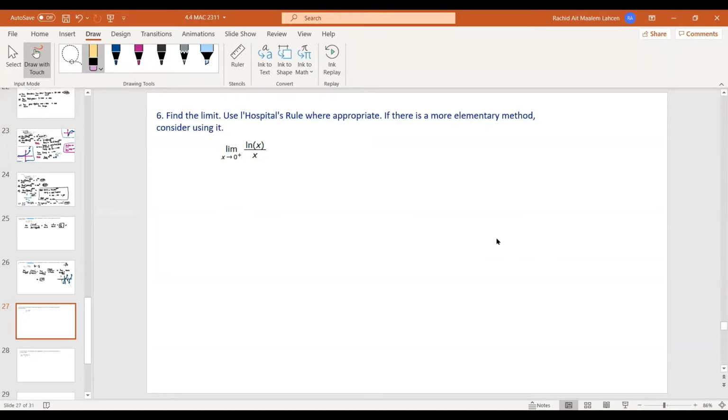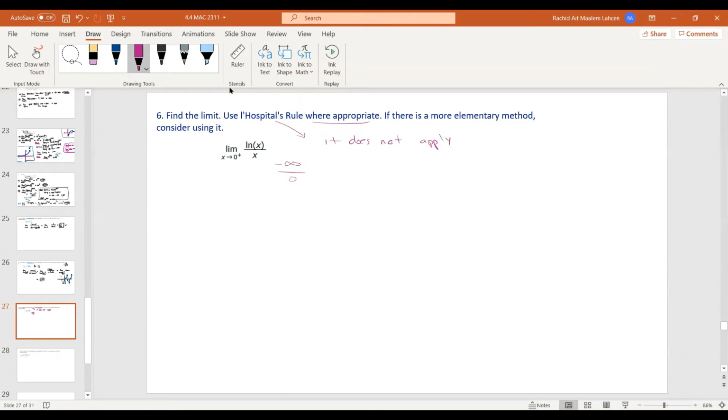For this question, they say use L'Hopital's rule, but where appropriate. So L'Hopital's rule does not apply here, because when you investigate this one with the graph we did for ln x, it's going to negative infinity and 0.